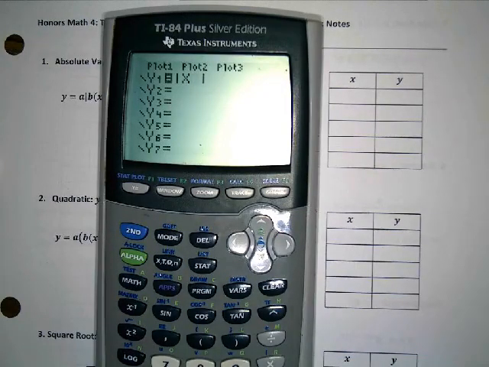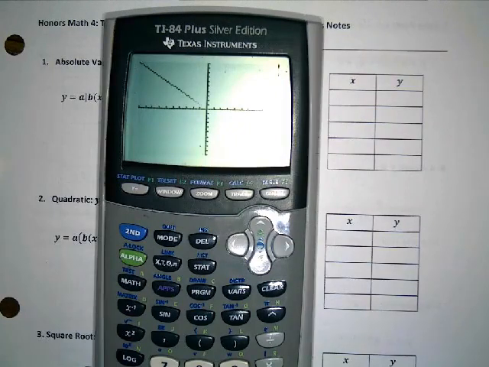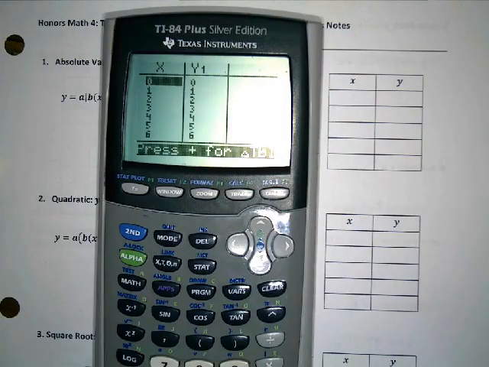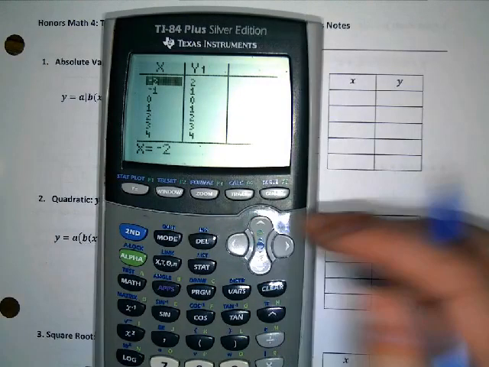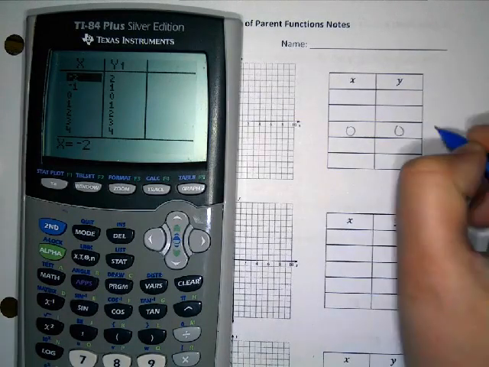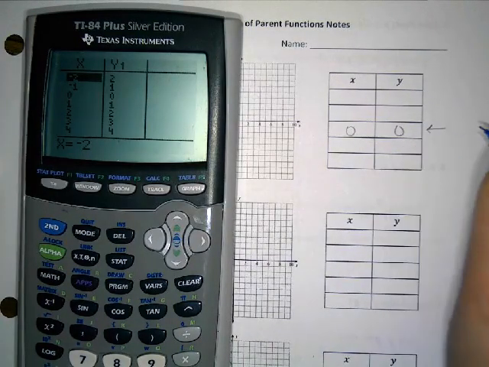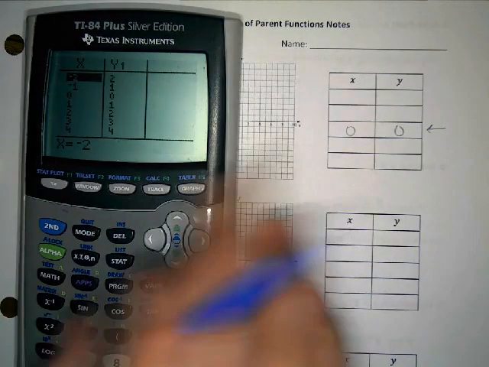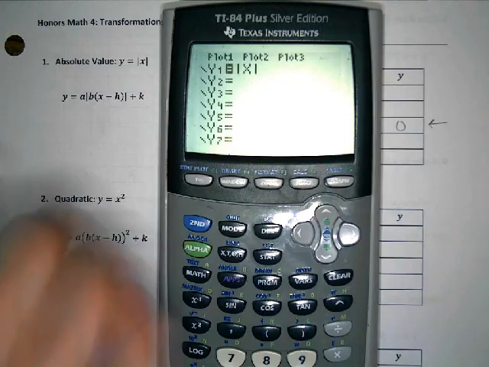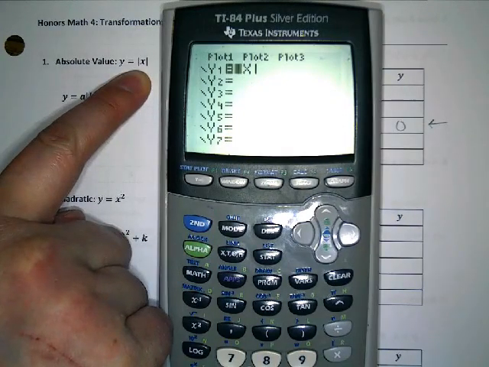And then you can hit graph to see the picture, or second graph to see the table. So the values that we'll use is we'll put 0, 0 right in the middle. I'm just typing in the parent graph right here.